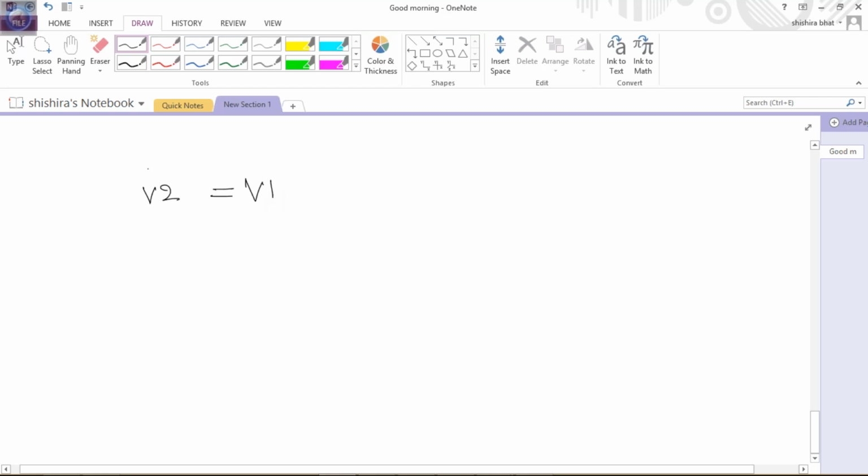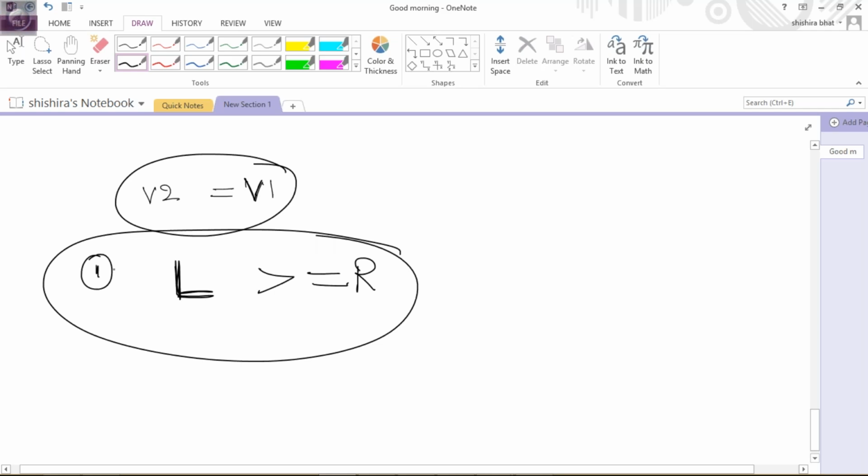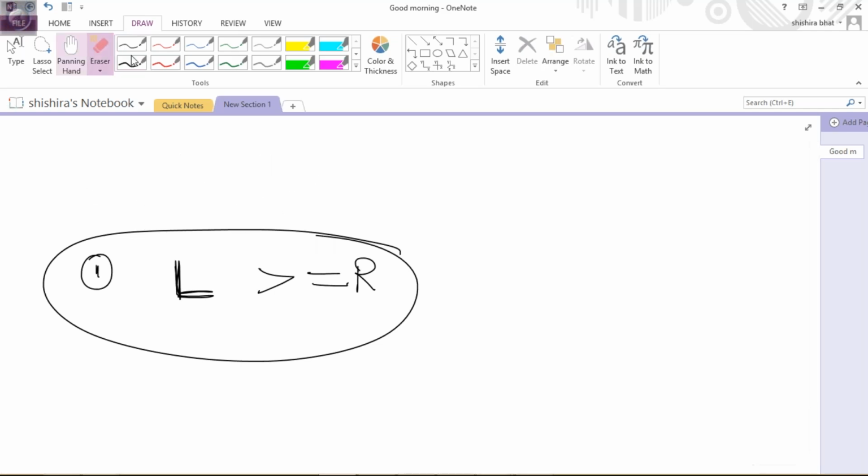When you want to assign from one variable to another variable, one very important rule I'll teach you: the left side data type should be greater than or equal to the right side data type. Never ever forget this rule. Very important.